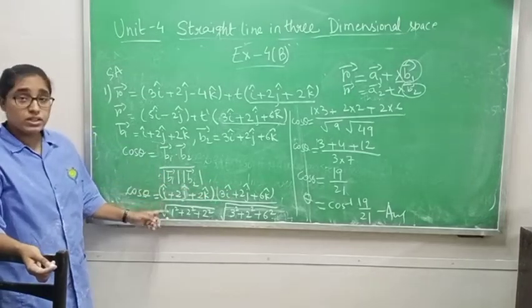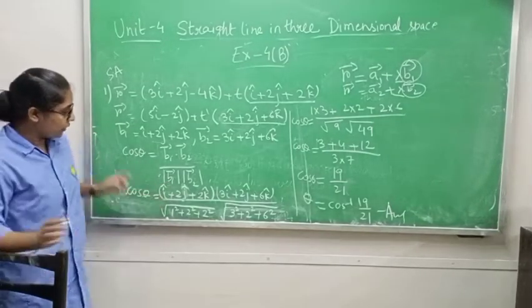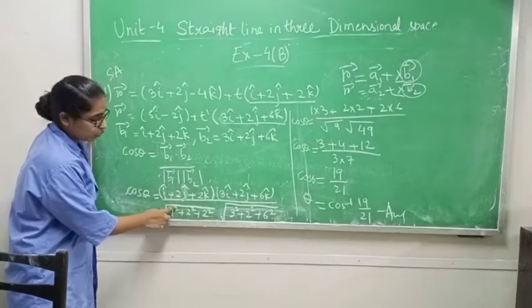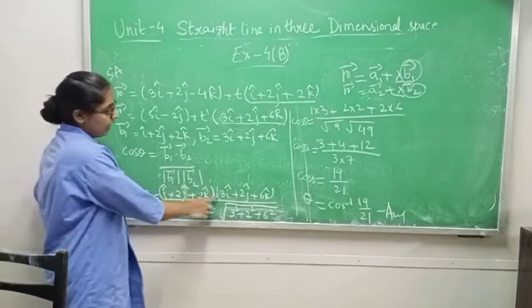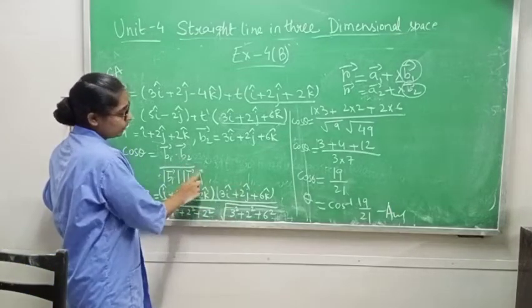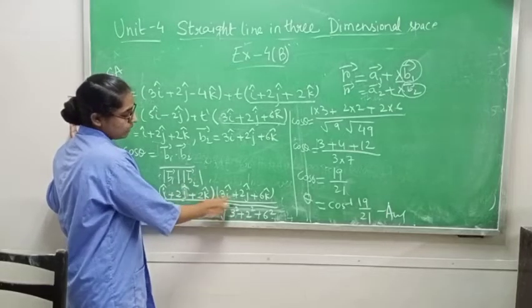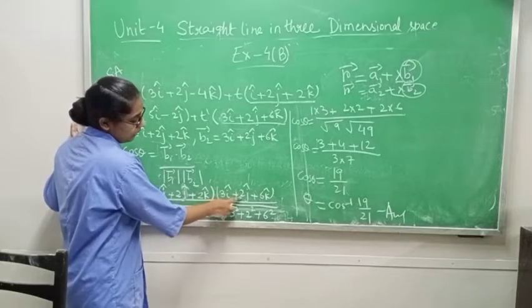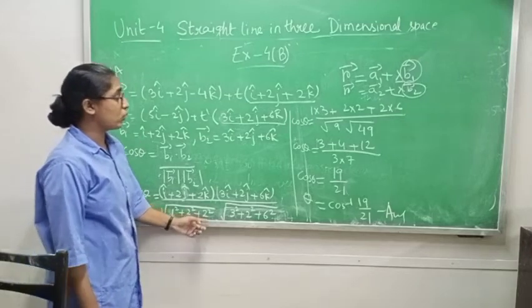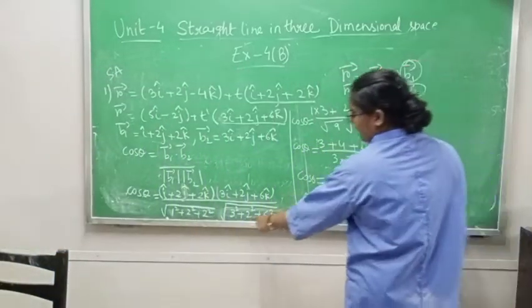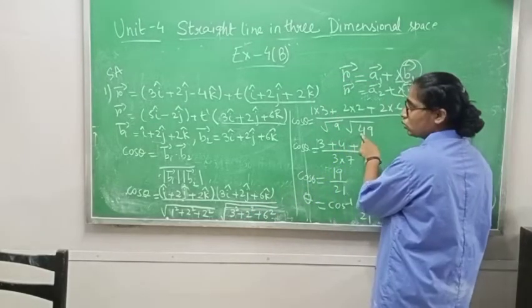For the mod you have to find the square root of the squares of x, y and z. With b1 we have 1 square, 2 square, 2 square. For mod b2 vector, 3 square, then 2 square, then 6 square. 1 square plus 2 square plus 2 square gives root over 9, and 3 square is 9, 2 square is 4, 6 square is 36. When you add, you get root over 49.